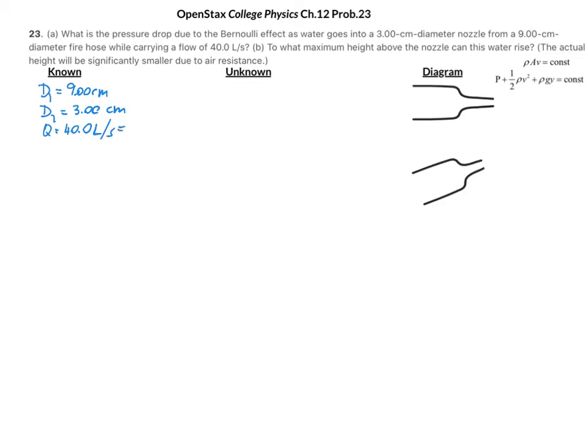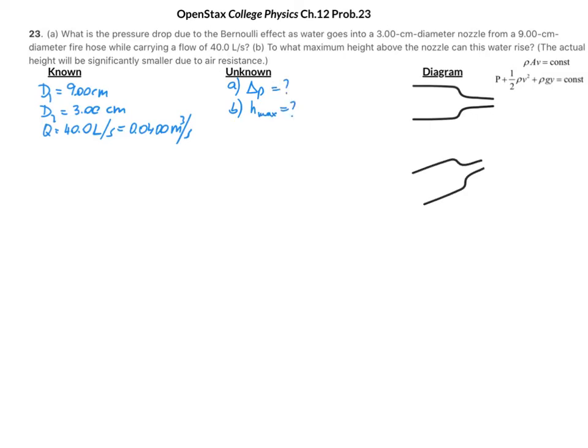If we convert it from liters to cubic meters, we end up with 0.0400 cubic meters per second. So that's the volume flow rate in SI units. In part A, we're looking for the change in pressure. In part B, we want the maximum height to which water will rise.